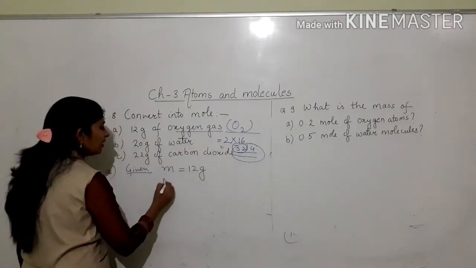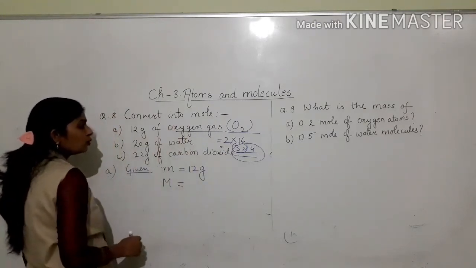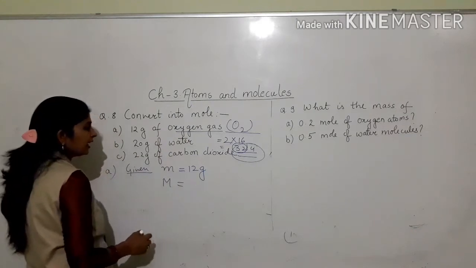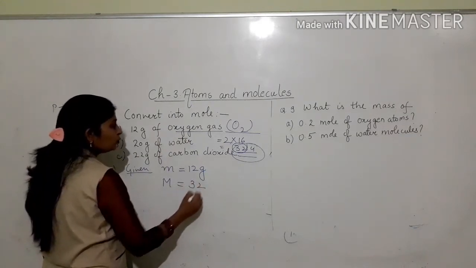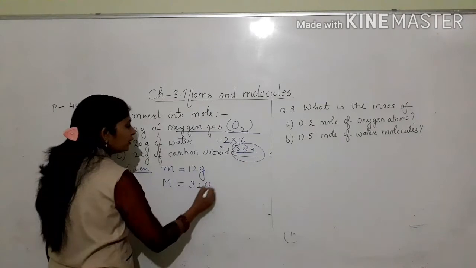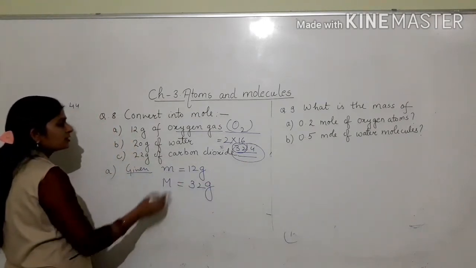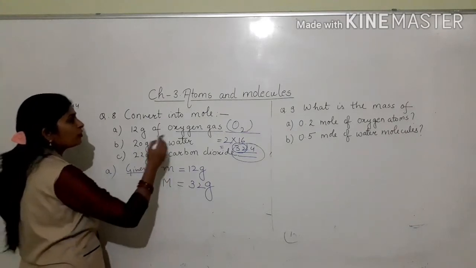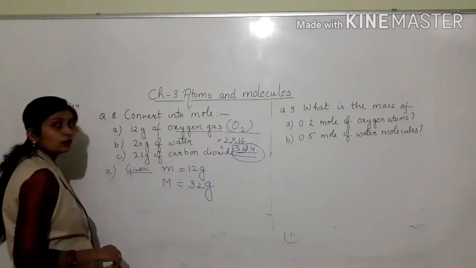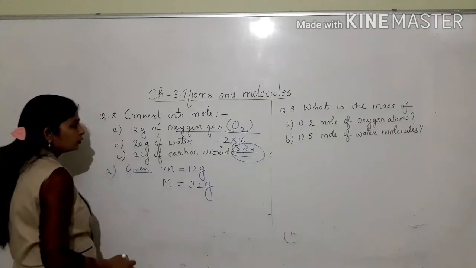The same numerical value will be of its molar mass, denoted with capital M, 32. In place of U, we will write unit g. So given mass is 12 gram. Molar mass of oxygen gas or oxygen molecules O2 is 32 gram.